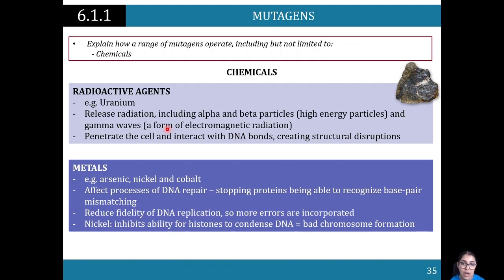And so as a result, the mutation is overlooked and goes unnoticed, and it reduces the fidelity of the DNA replication, so more errors occur. Nickel especially inhibits the ability of histones to condense DNA. Histones are really important because DNA is wrapped around them and they essentially protect our DNA.